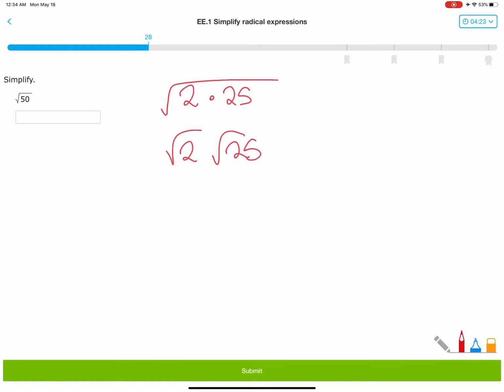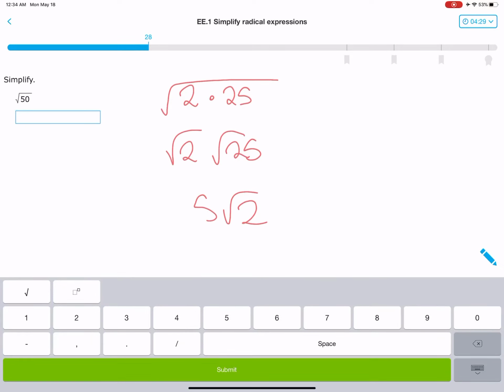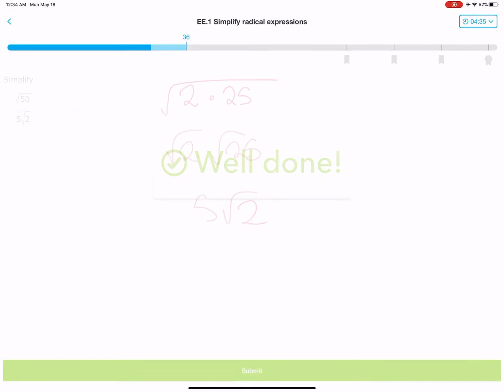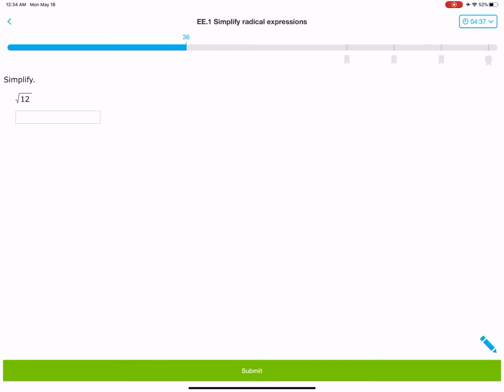Square root of 25 is 5, so it's 5 square root of 2. Next one: we could do 4 times 3 is 12, so I could skip a step. 2 square root of 3.